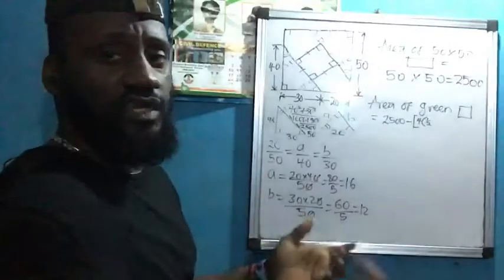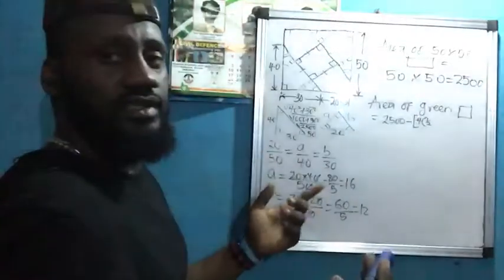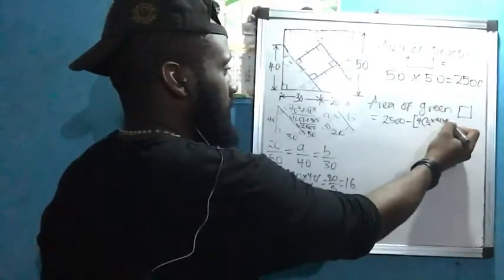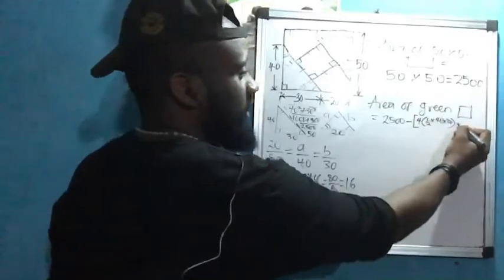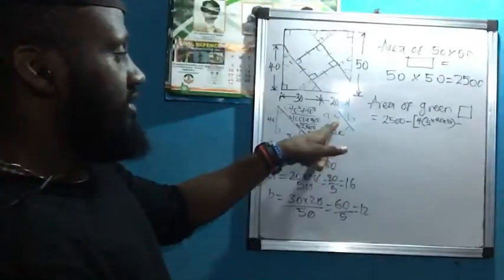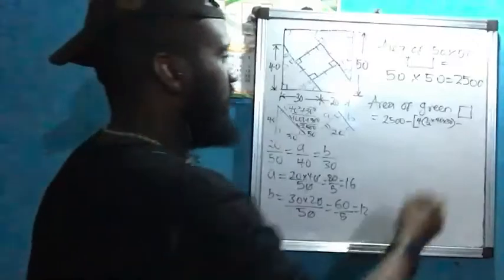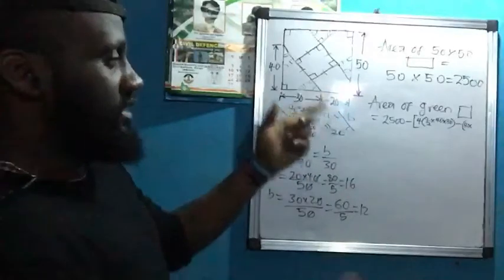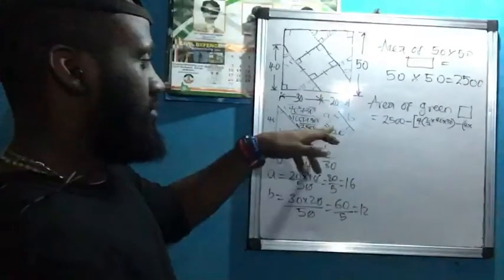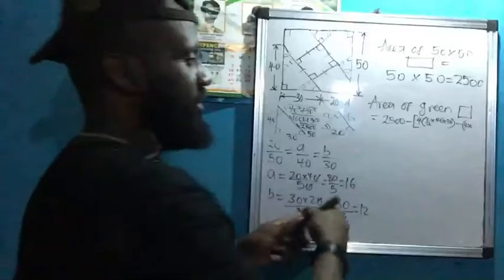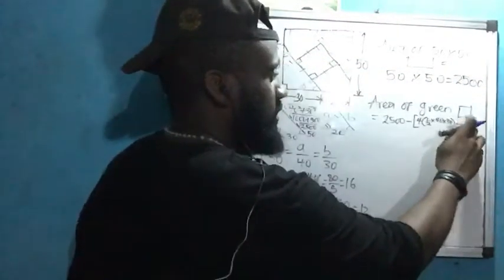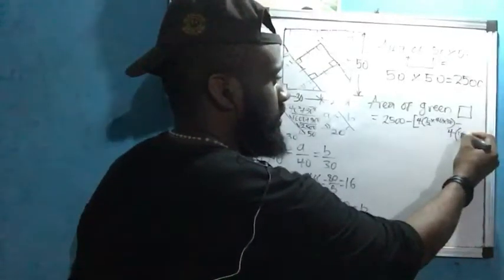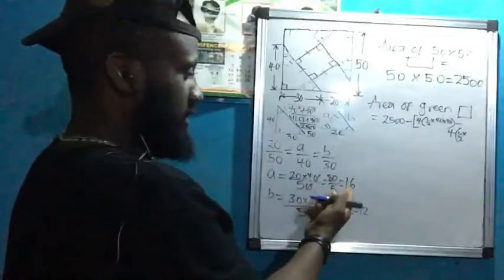The base and the height of the right angle triangle are simply the perpendicular sides. So half times 40 times 30, then minus 4 times the area of this small one, as we've explained already. And the area of this small one is still half times the perpendicular sides, the base and the height, and they are 16 and 12.